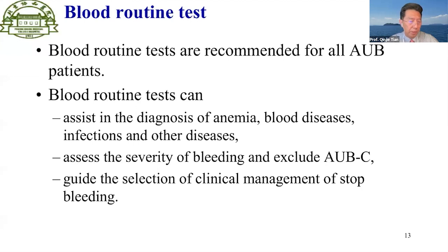It helps evaluate the extent of bleeding and rule out the possibility of AUB with coagulopathy, that is AUB-C. It provides valuable guidance in determining the appropriate clinical approach and management strategies.